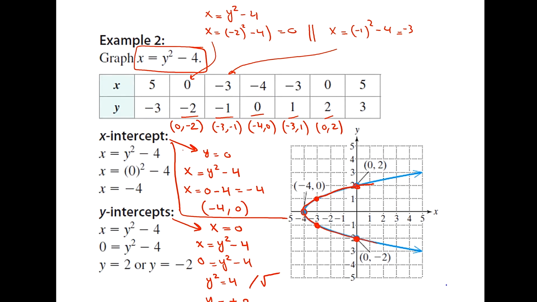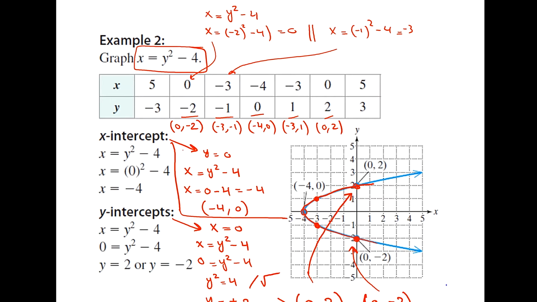The x is always 0, and y is 2 or minus 2, because we have 2 values of y at x equals 0. This is the first one and this is the second one.